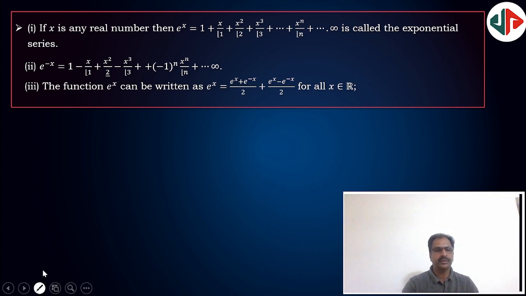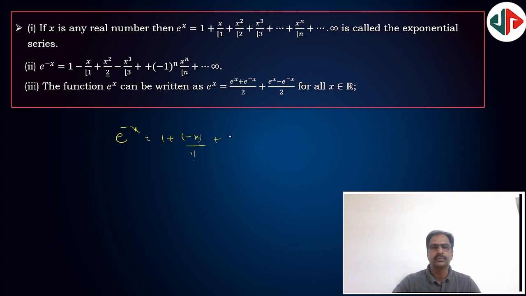If you replace x with minus x in the expansion of e power x, then e power minus x will be 1 minus x by 1 factorial, and so on up to infinity.